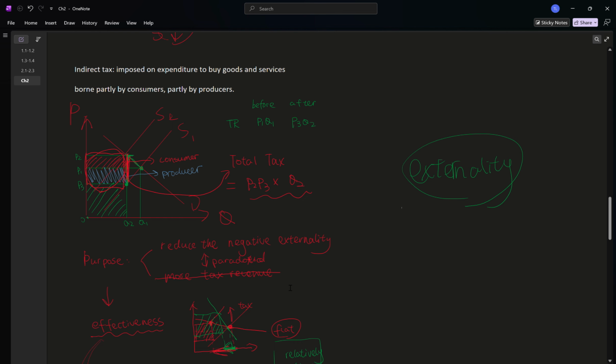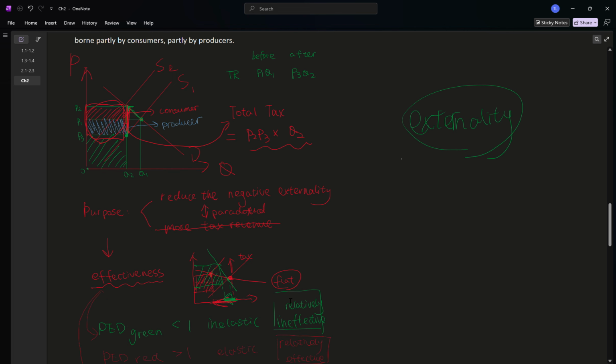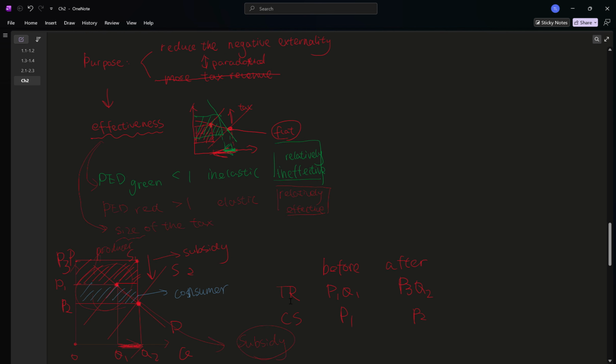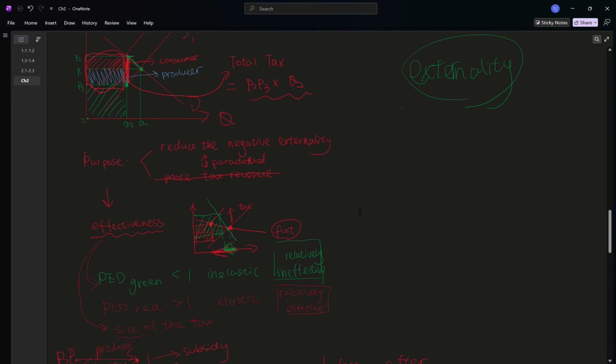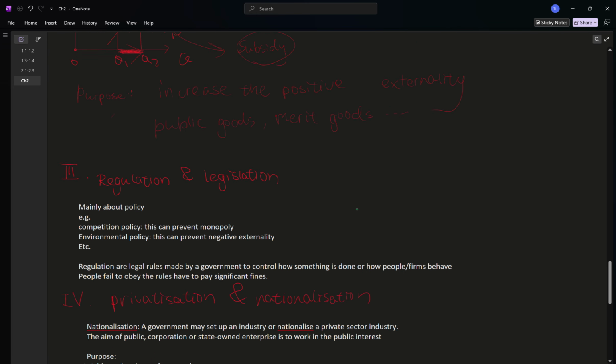Tax can prevent the markets from overconsumption. And for subsidization, it can solve the problem of under-provision of public goods and merit goods.